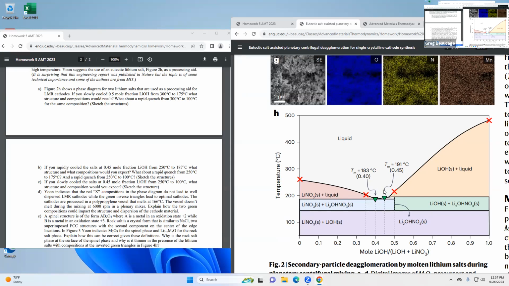For each of these, you can calculate the amount of each phase, like it's going to be 3% of this kind of powder that comes out of the liquid. You can tell how much by the position on the tie line, and the composition of the two phases.